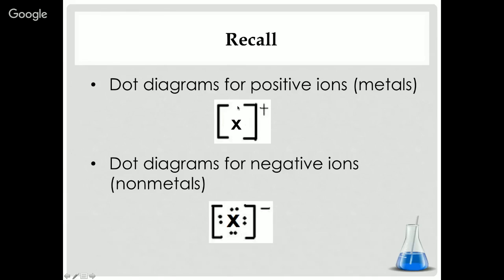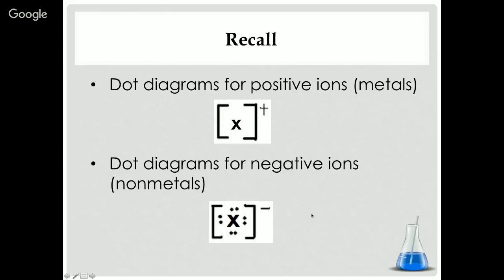There are no dots, representing that there was a loss of electrons. And then for the negative ions, recall that for nonmetals we have, again, the symbol, and 8 dots representing the full valence shell. And then we have our brackets and then the charge again on the upper right-hand corner outside the brackets.